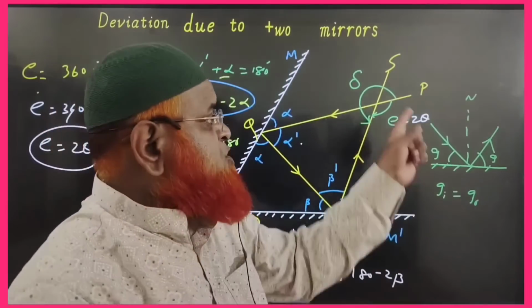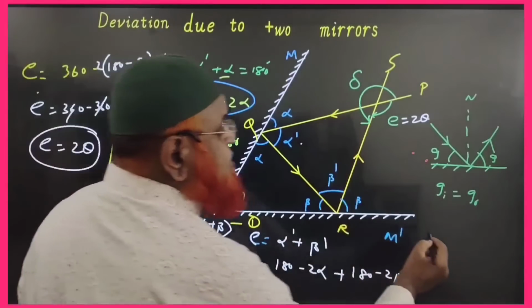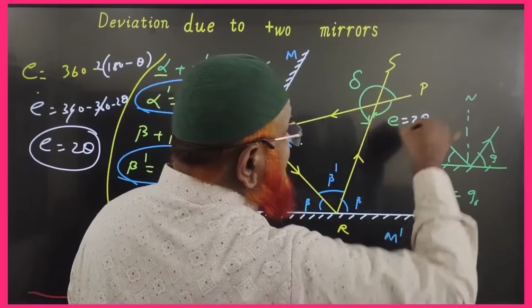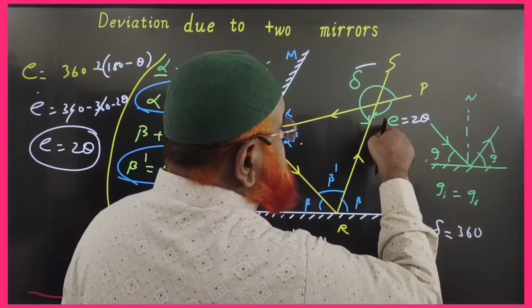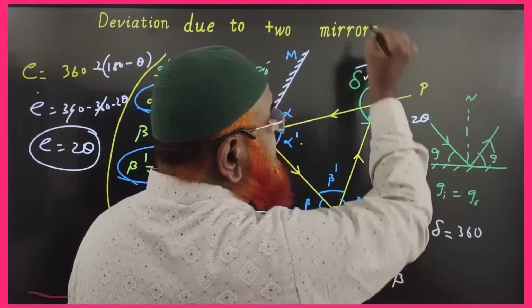But my aim is to find the deviation. How am I going to get the deviation now? Deviation delta is equal to, total is 360, I am subtracting E. From 360, if I subtract the exterior angle E, I will be getting delta.